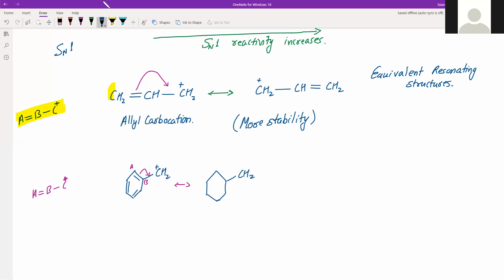Remember, while drawing any resonating structures, the atoms don't change. When atoms change their place, that is actually called hyperconjugation. So atoms won't change their place. So you can draw at least this fast: without any thinking, you just start drawing the atoms at their own place.